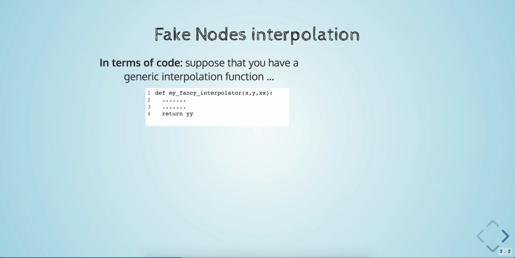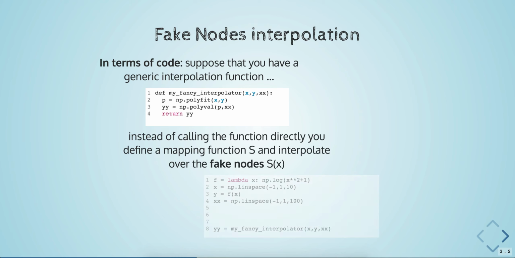So in terms of code, what are fake nodes? What is fake nodes interpolation? Suppose you have a generic interpolation function that can be in 1D simply polyfit and polyval, just to make an example. Now, instead of calling the function directly, as in this 1D example, you just define a mapping function S, which is a choice of yours, and interpolate over the fake nodes S of X, and evaluate over the mapped evaluation nodes.